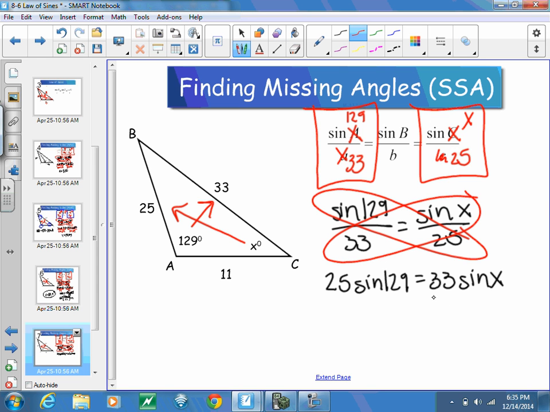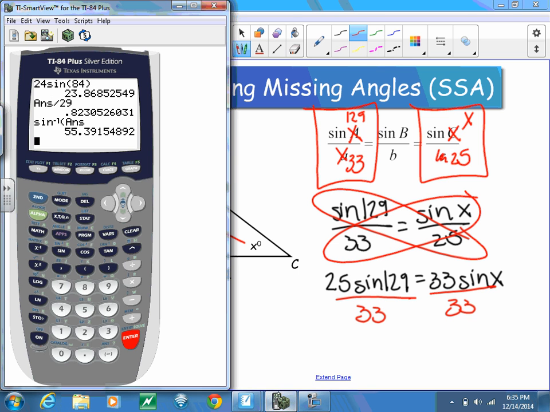To get our sine of x by itself, so that we can then do the inverse, we're going to divide by 33. Going to our calculator, 25 times the sine of 129, take that answer, divide it by 33, and we're going to get a decimal.